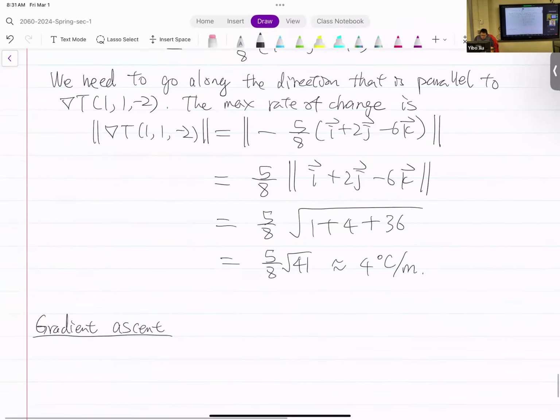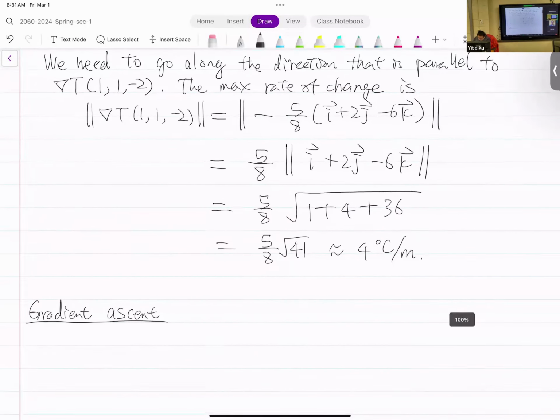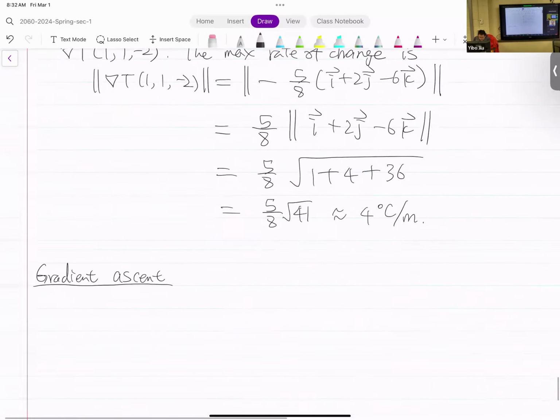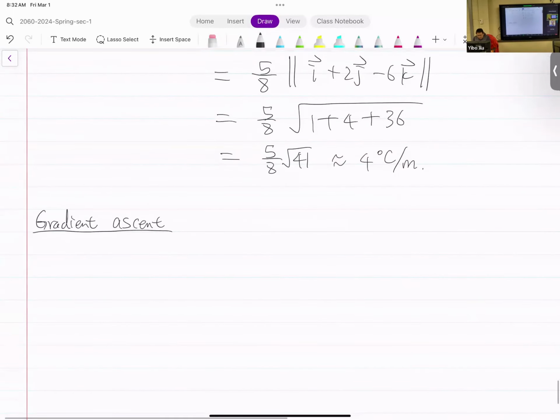And then if you want to, there's a really simple strategy to maximize the functional value. Basically at any point you just go along the gradient direction with a certain step size. So if your step size is not really large, then you're guaranteed to slightly increase your functional value.